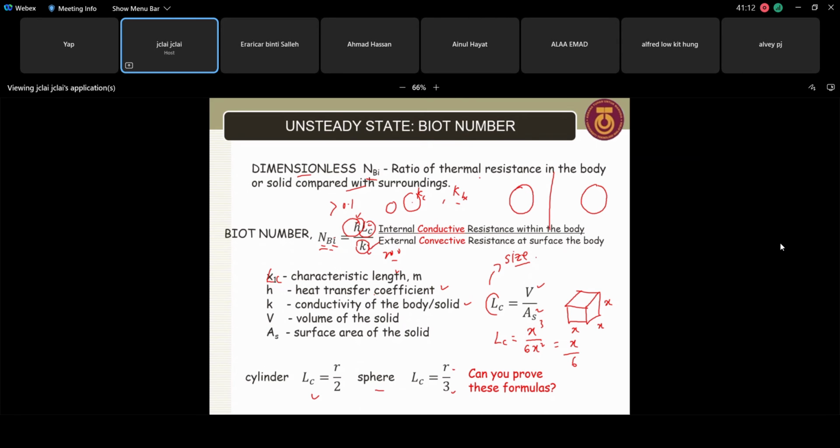Condition number 1 is there is no fan, so the copper ball is cooled under natural convection. H is around 20 watt per meter square Kelvin, right?